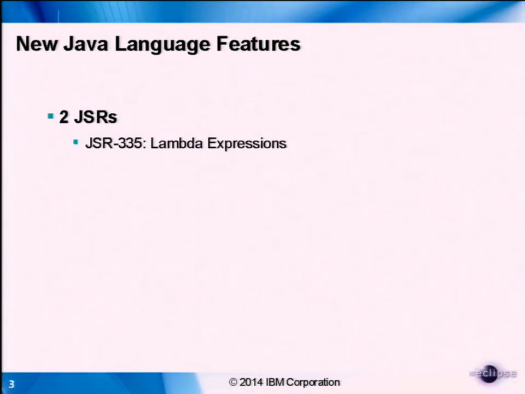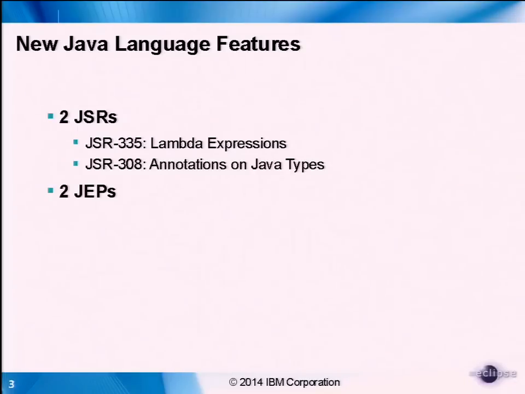These are JSR 335, the Lambda expressions. We will later see that most people just talk about Lambda, but I think there are much more interesting, or at least as interesting, things that come into the language with this JSR. Then you have JSR 308, which allows you to annotate types. We will see a bit later what you can do with that.